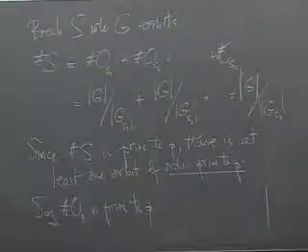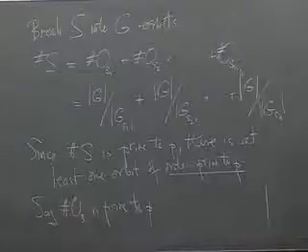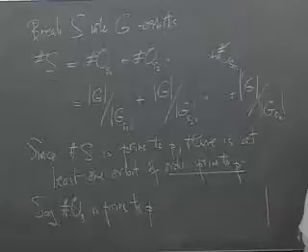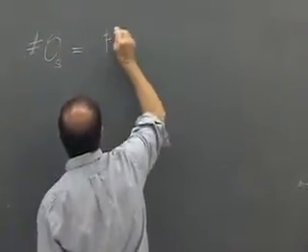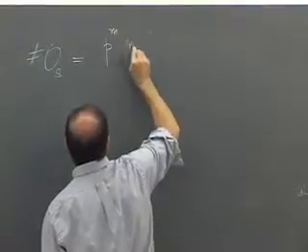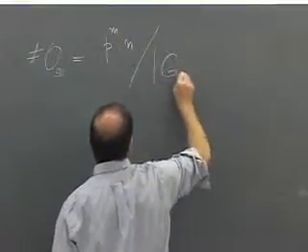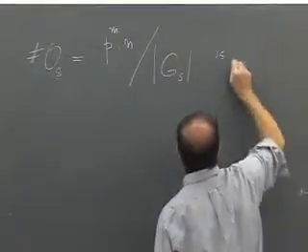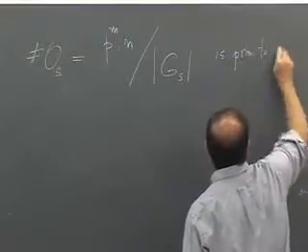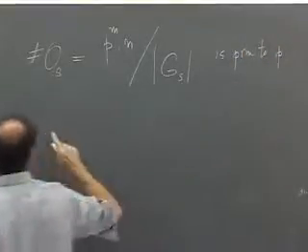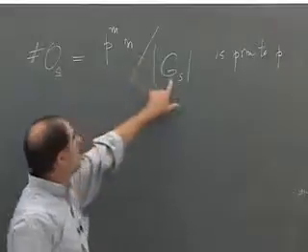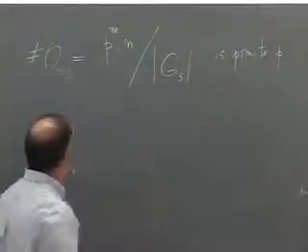Now, we see what that says about the stabilizer. Since the order of OS is equal to the order of g, p to the m times n, divided by the order of gs, is prime to p, we must have this power of p dividing the order of the stabilizer.